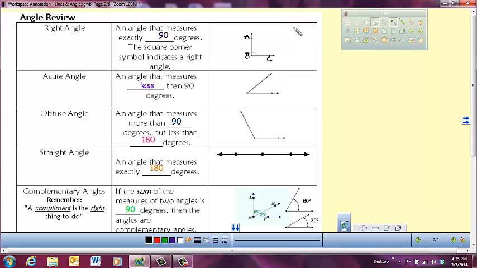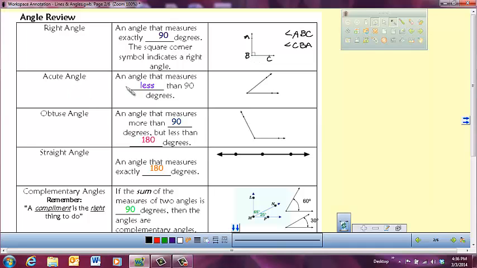And then the symbol for angle, it looks like a little angle symbol like this, and you write ABC. Another way you could name this angle would be angle CBA. But you always have to have the vertex, which is the point between the 2 rays that they meet at. That has to be in the center. So we couldn't call this angle CAB because A is not the vertex of the angle.